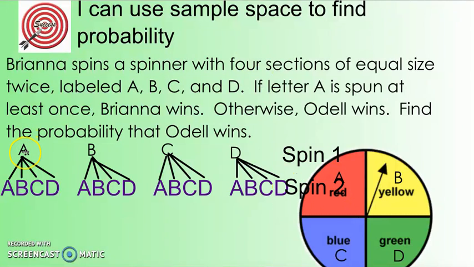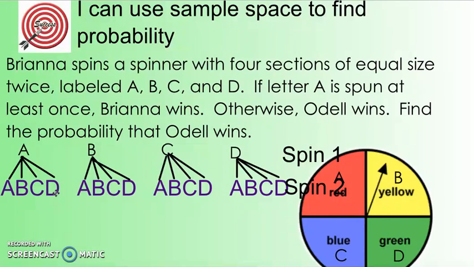So if I spun an A, I could get A, B, C, A, D. Or I could get B, B, C, D. Or C, B, C, D. Because I'm spinning it twice. So I could land on an A first, and then the second time I could land on all the other letters as a possibility. Okay?